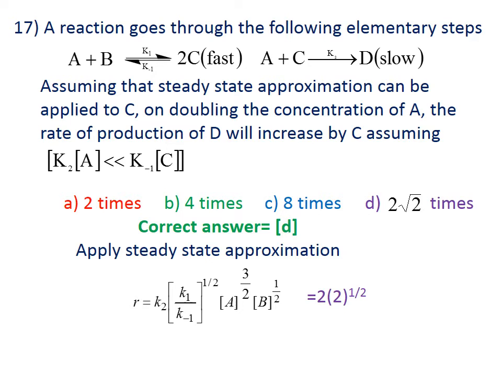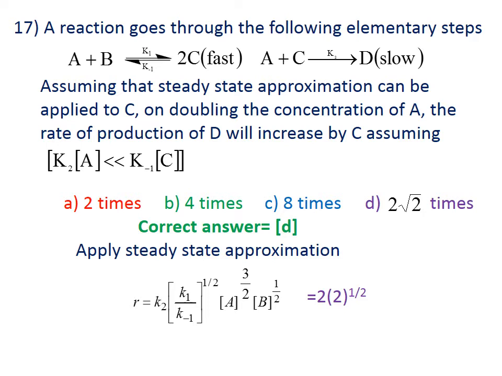17. A reaction goes through the following elementary process: A plus B reversible arrow C, K1 is the equilibrium constant and K minus 1 is the equilibrium constant, and A plus C gives D. K2 is the rate constant for the reaction, and this step is the slow step. From that we decide the rate of the reaction.